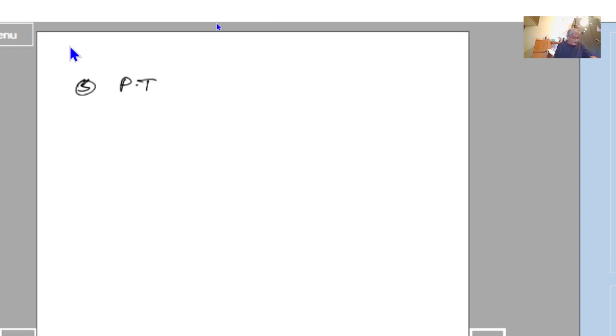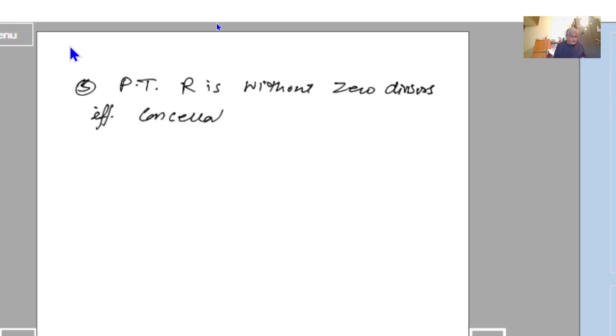Prove that R is without 0 divisors if and only if cancellation laws are satisfied in R. So what are cancellation laws?